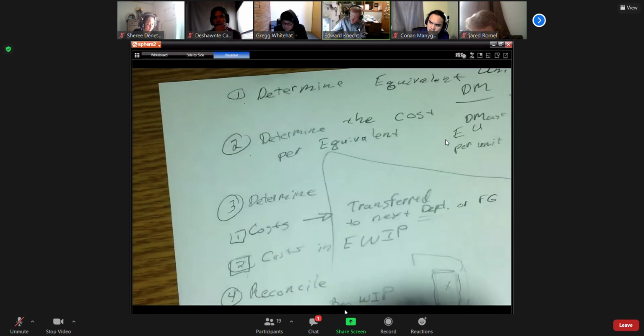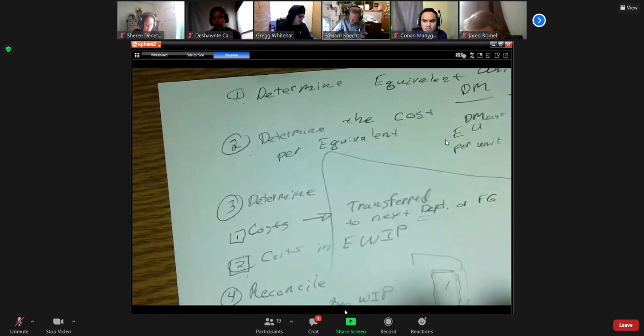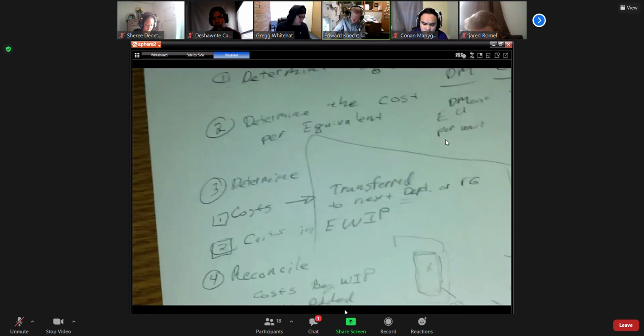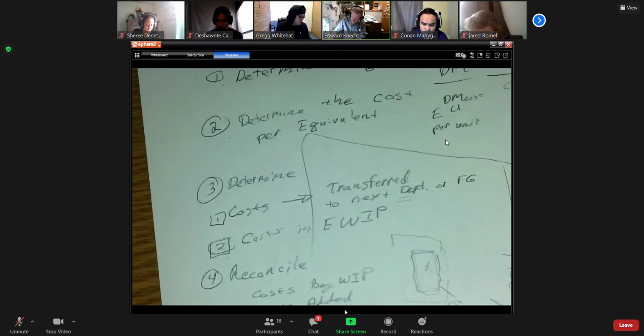That has to balance with cost transferred to the next department or finished goods, depending. And then you have to determine the costs in ending work in process.